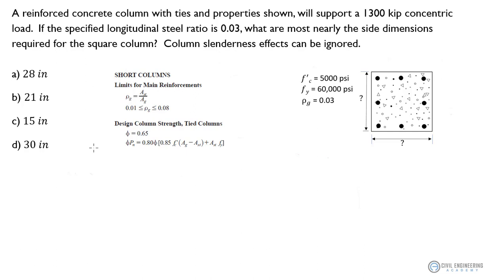We know that we're getting 1,300 kips for our allowable axial load, so all we have to do is set that equal to our strength equation, and we should be able to solve for this thing.